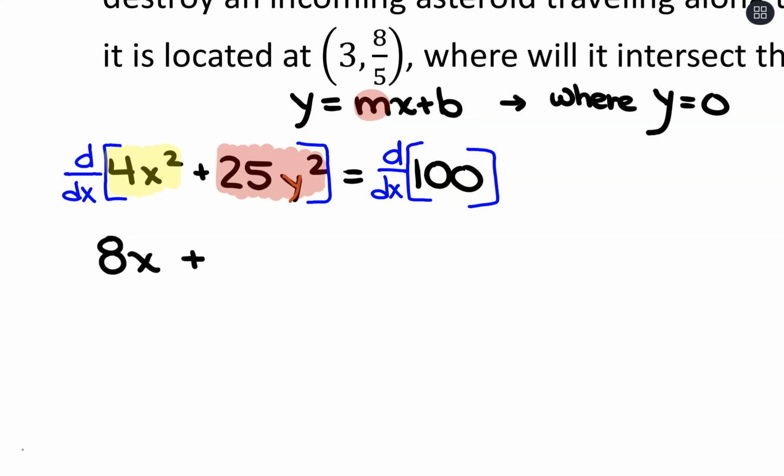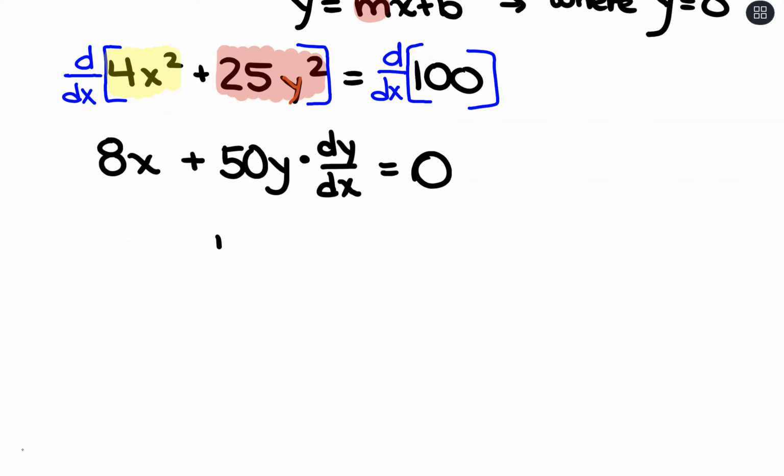First I follow the rules, so I'll have 25 times 2 is 50 times y, and then because this is our special case, we'll also have the derivative of y, which is dy dx, equals the derivative with respect to x of 100, which is 0. And then we solve for dy dx.